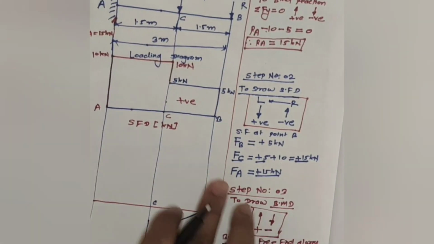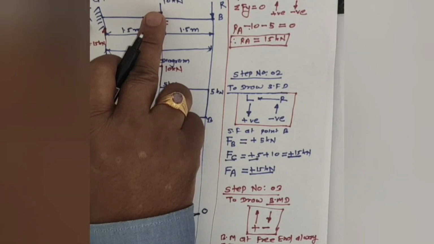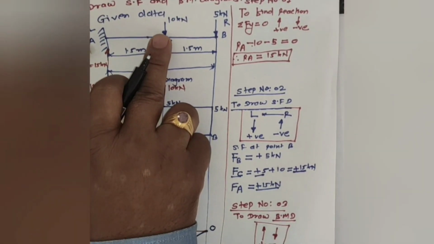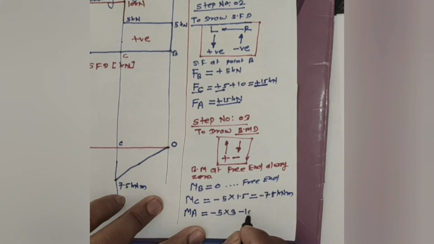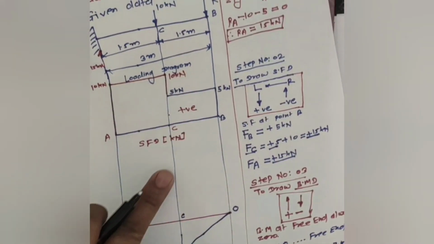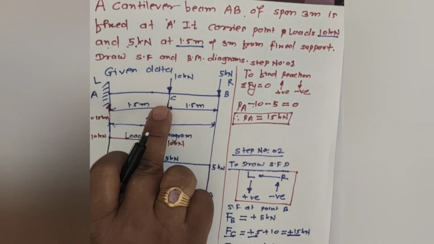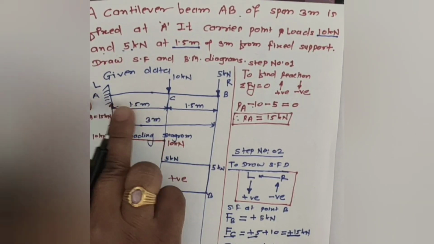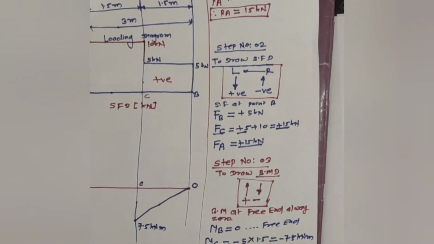The next force, in between B and A, is 10 at point C. Again downward, minus 10 into 1.5. Why 1.5? Because the distance between this minus 10 and point A is 1.5.